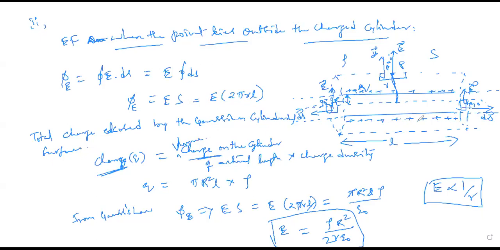So the actual cylinder radius is directly proportional, whereas the point where you are going to calculate is inversely proportional. This is the expression for the electric field intensity when the point lies outside the charged cylinder.